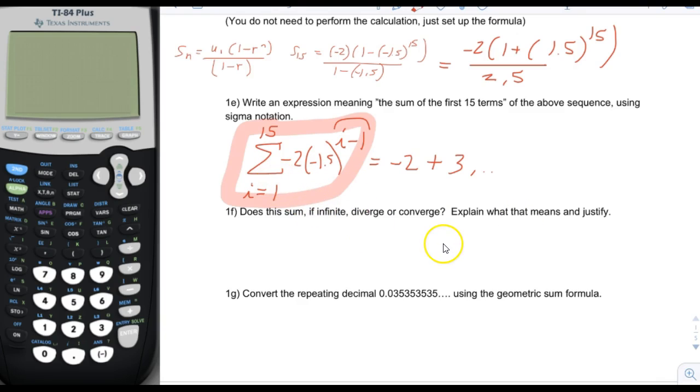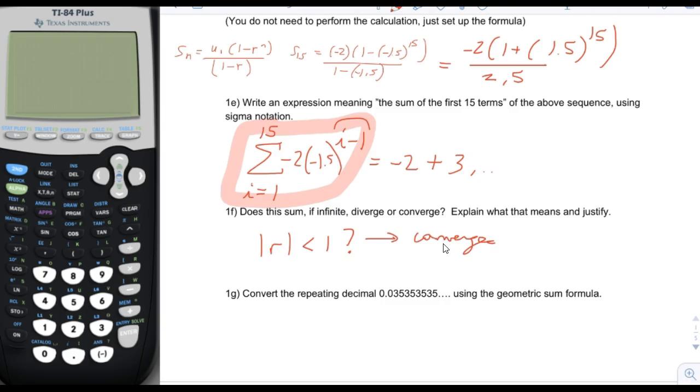And when it goes down like that, if you add up all those numbers together, you're going to approach one number instead of going to infinity. So basically the test is, well, is r less than 1? And if it is, that means that it converges. It converges to a number.